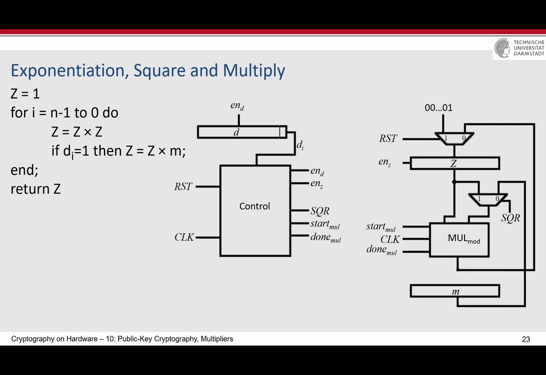And then after some clock cycles, of course, there is some overhead with respect to starting and waiting for the done of the modular multiplier module. But of course, if the modular multiplication module, for example, needs 100 clock cycles, then 100 clock cycles multiplied by n, you need to wait for the squaring, and 100 clock cycles multiplied by the number of bits of the D which are 1, meaning the Hamming weight of the D, you need to wait for the multiplication.